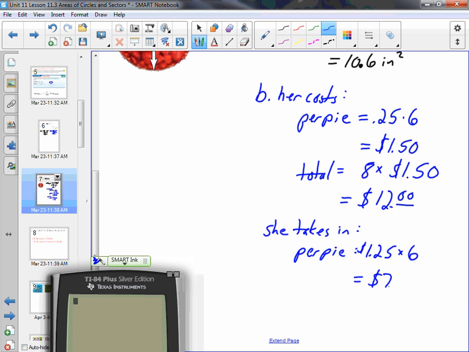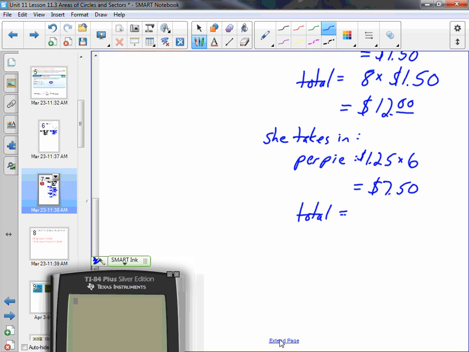So $7.50. So in total, if she brings in $7.50 per pie, and she sold 8 of them, what's $7.50 times 8? $60 even.